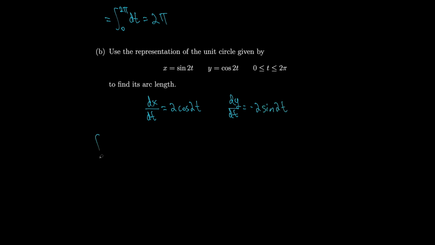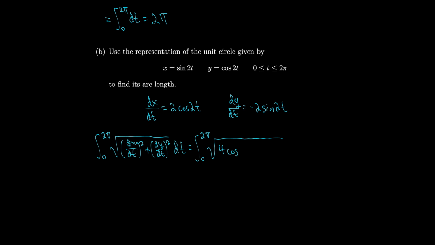So that means that our integral becomes the integral from 0 to 2 pi of the square root of (dx/dt) squared plus (dy/dt) squared. So that's the integral from 0 to 2 pi of the square root of 4 cosine squared 2t plus 4 sine squared 2t, which is the integral from 0 to 2 pi of 2 dt, which is 4 pi.